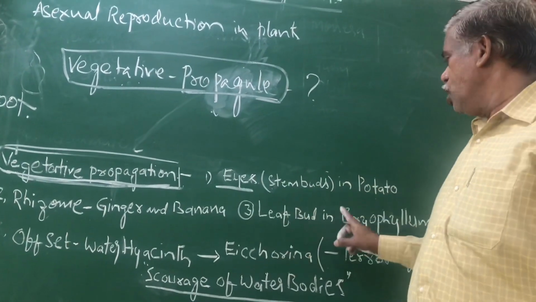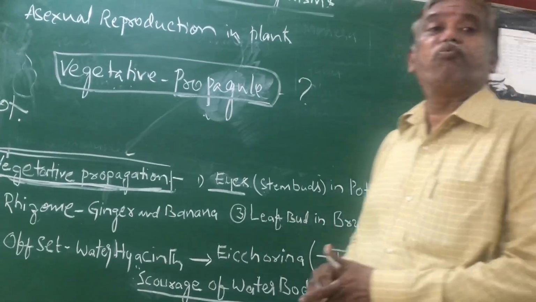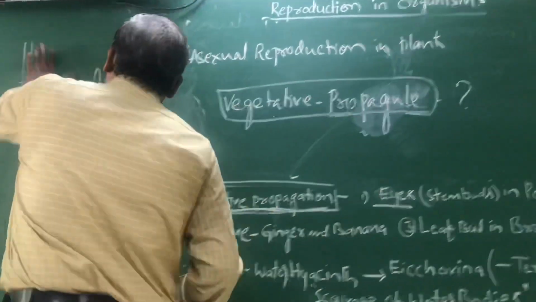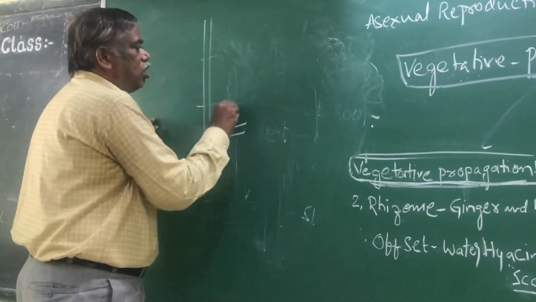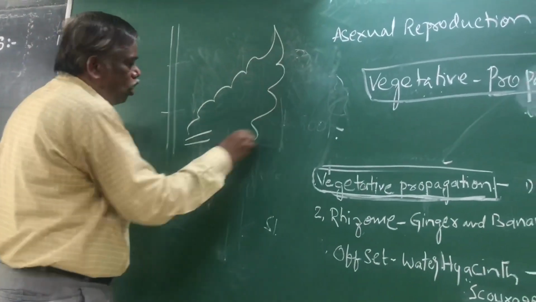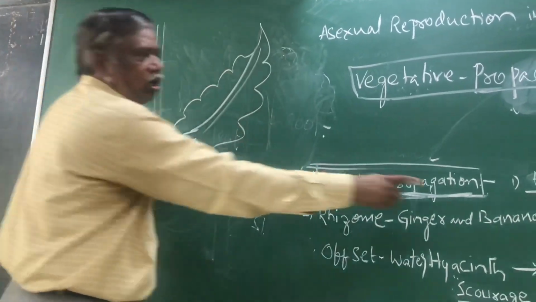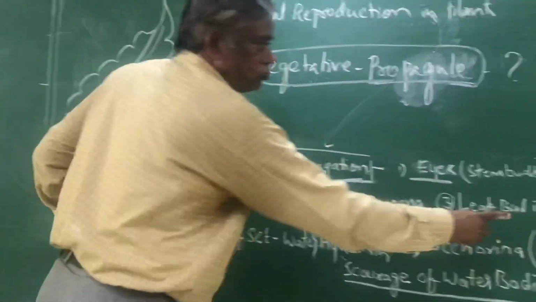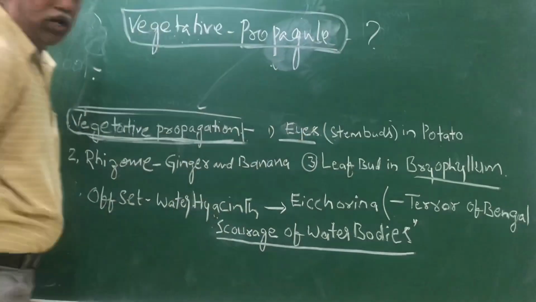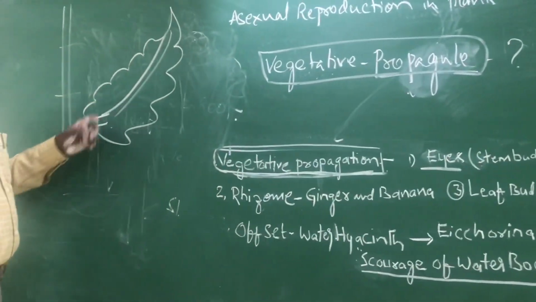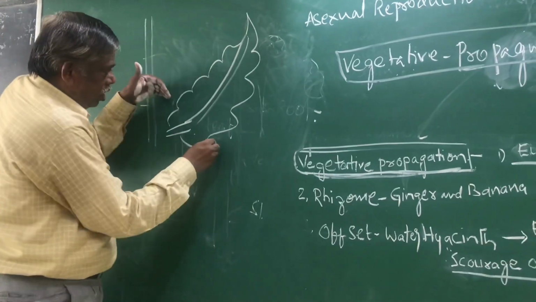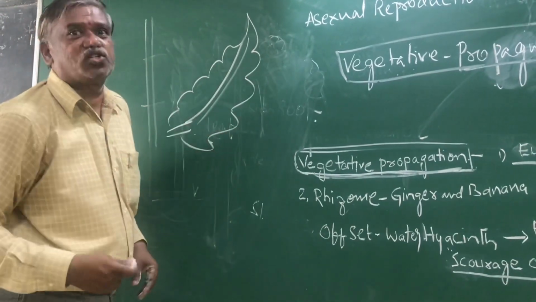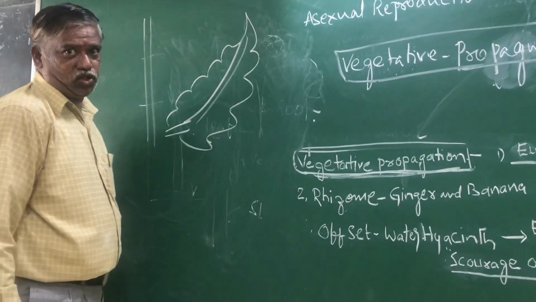Now come to the reason. What is this? Bryophyllum, a plant. It is the leaf of Bryophyllum. This leaf has marginal notches.